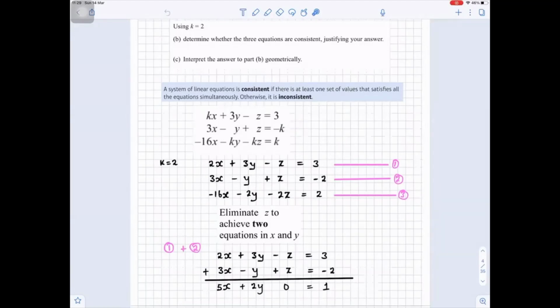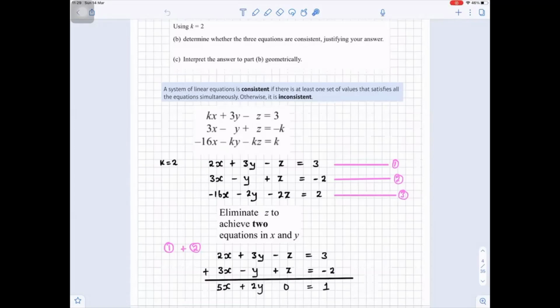Now, to solve these equations, we can eliminate z to achieve two equations in x and y. So I'm going to use equations 1 and 2 to eliminate z to get an equation. And then after that, I will use equations 2 and 3 to eliminate z again to get another equation and see if those equations are consistent.